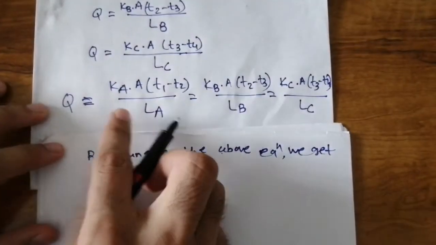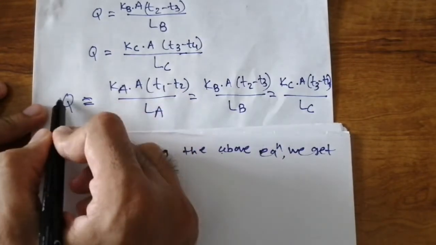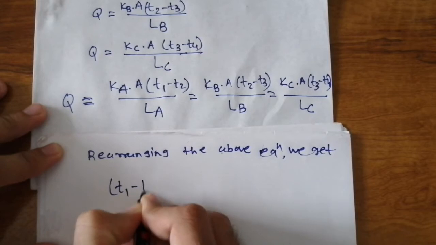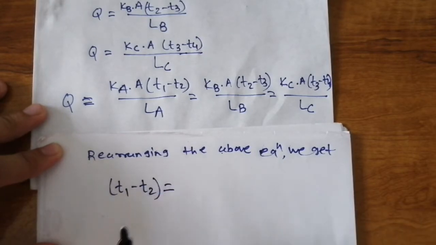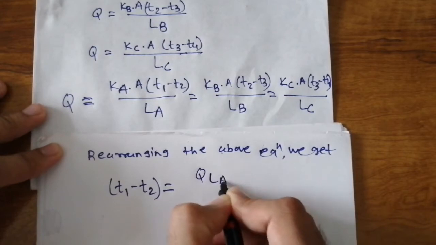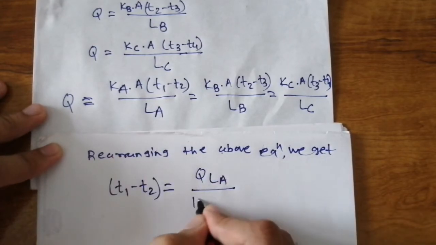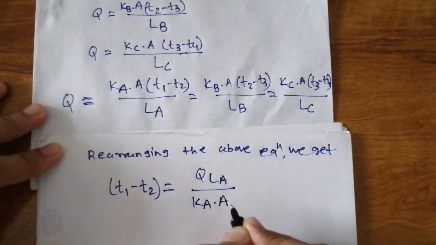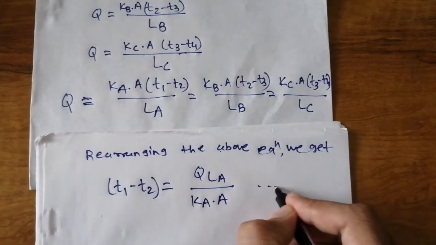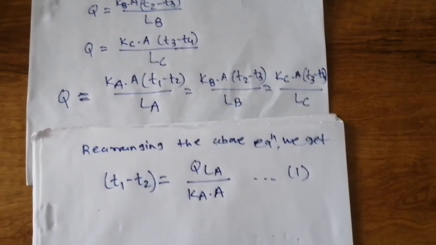I take T1 minus T2 on this side and Q on the other side. So our equation is T1 minus T2 is equal to Q La divided by Ka into area. That is our equation number 1.